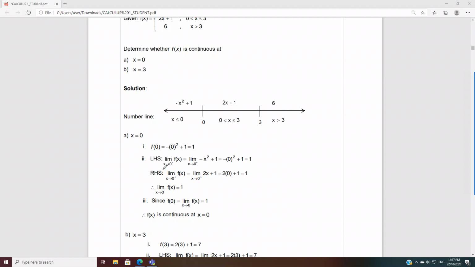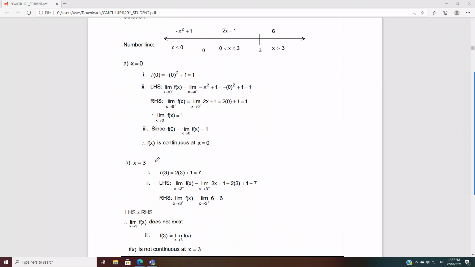Okay, so for number 3, since f(0) equals 1 and the limit of f(x) equals 1, therefore f(x) is continuous at x equals 0.